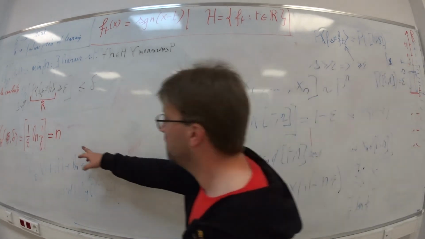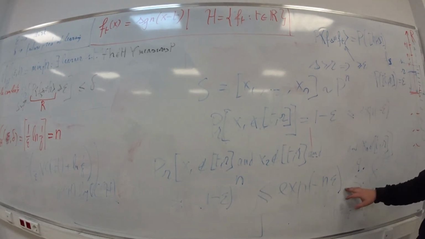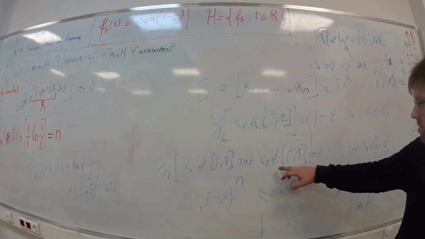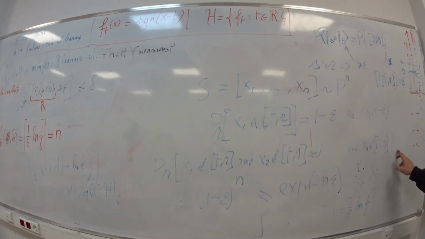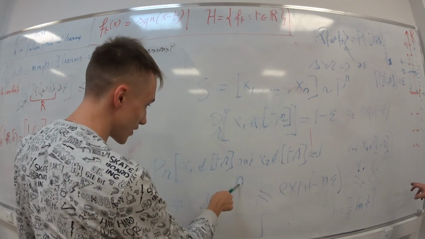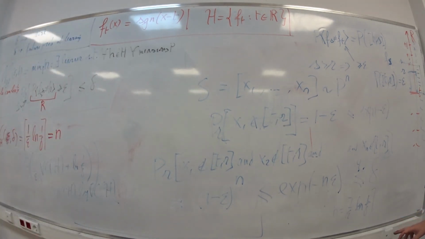We know that this is less than this, so we can get n from it. Yes, you're right, and you have a better formula, but it's not so nice because of the logarithm. Yes, it's a good point.